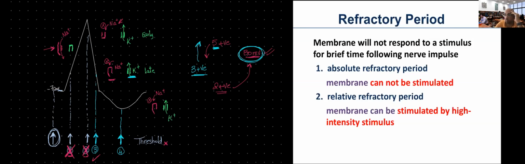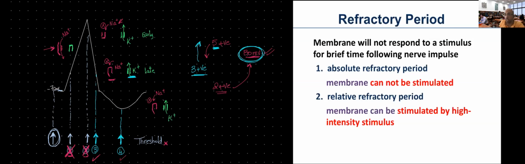So would I respond to a threshold stimulus in this case? What do you think? A threshold stimulus that opens those 5 sodium channels, would I respond to them? No. If you got a threshold stimulus during late repolarization and during hyperpolarization, you're leaking potassium out, so you will not be responding to a threshold stimulus.